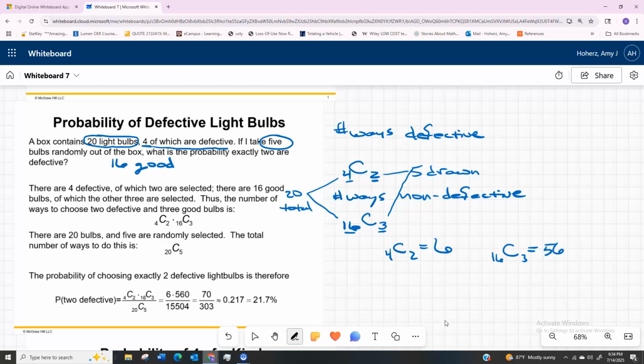So if there's 6 different ways to pick the 2 defective bulbs and 560 ways to pick the non-defective bulbs, then there is a total of 4 choose 2 times 16 choose 3, or 6 times 560.